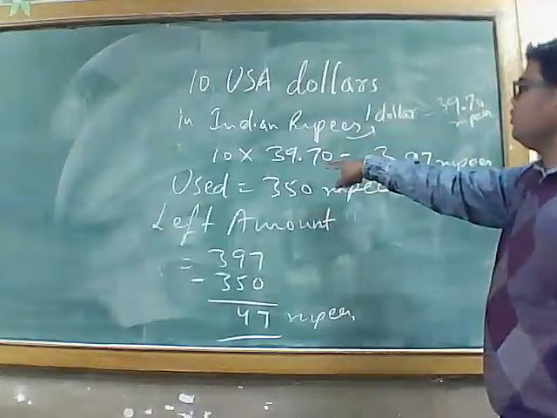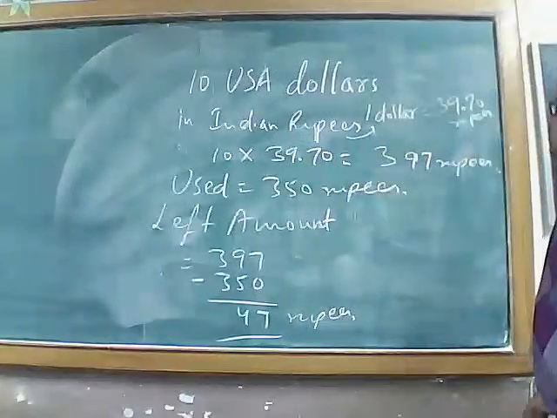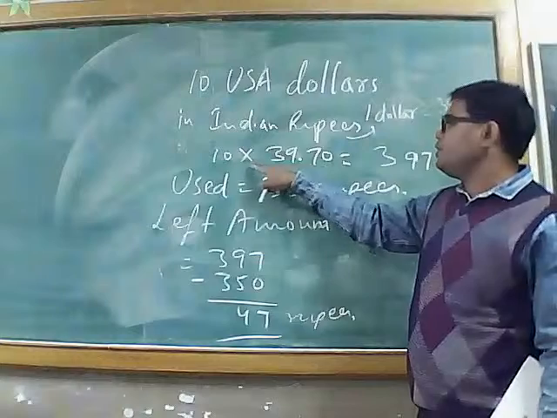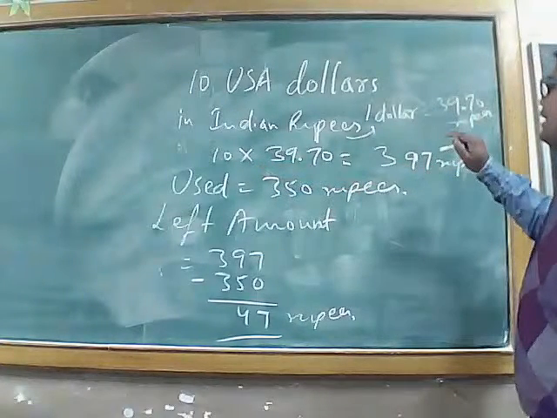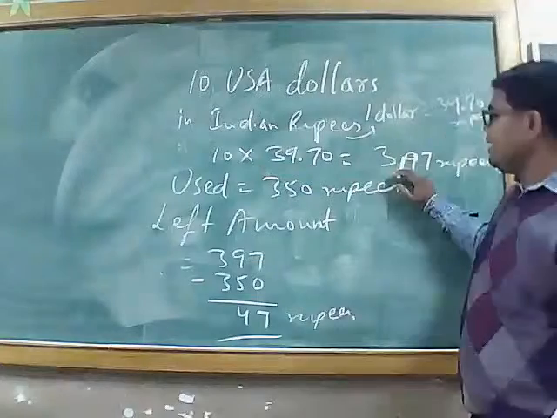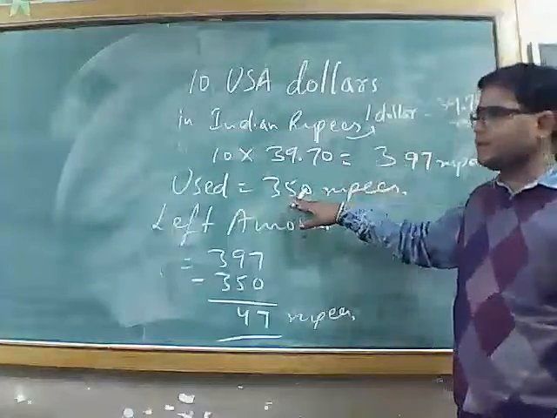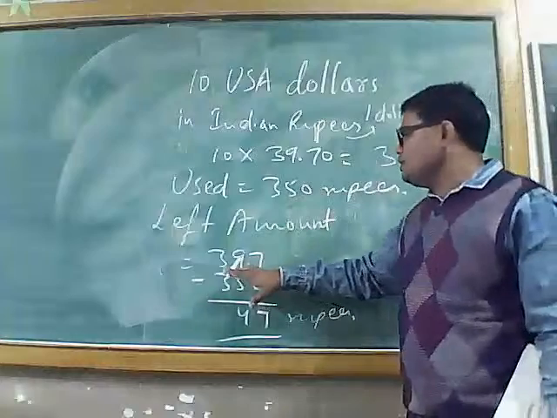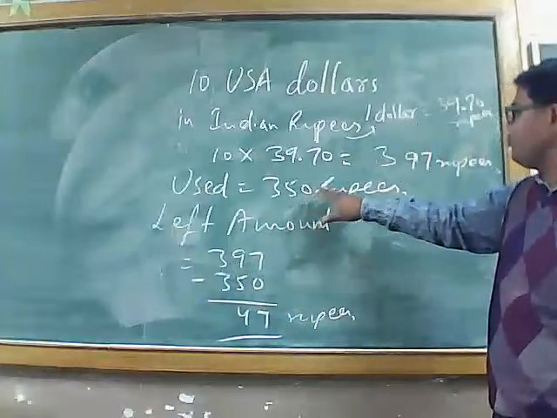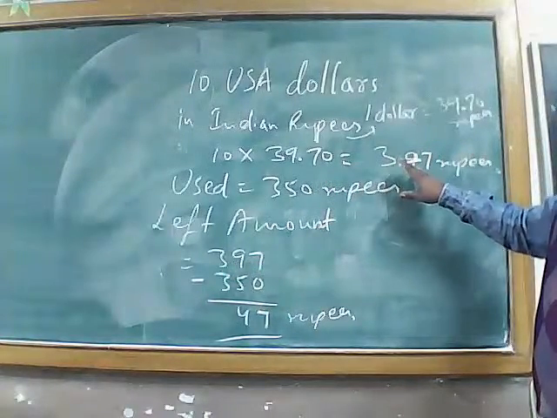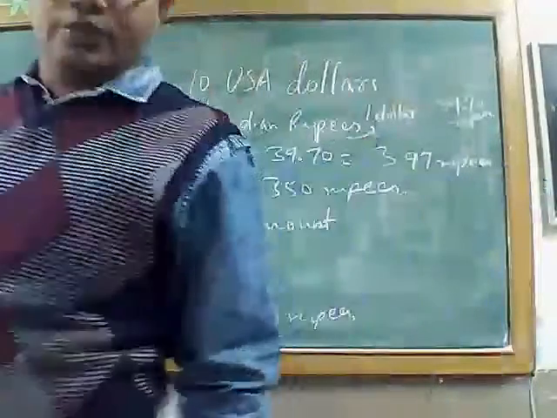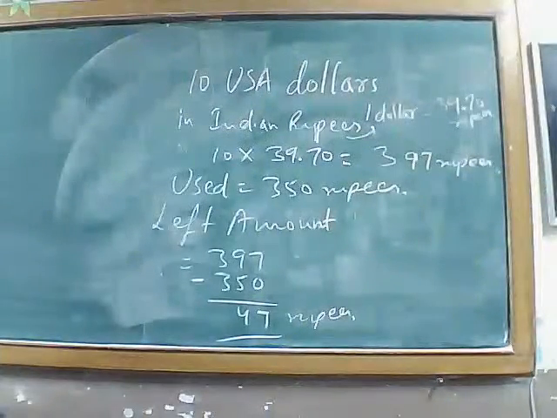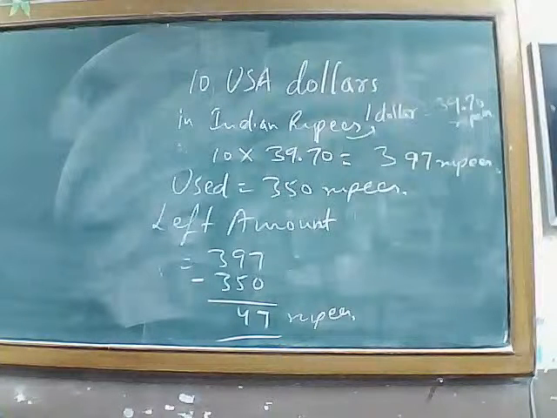Then we multiplied 39.70 by 10 and finally got the answer 397. He has used 350 rupees, so we subtract 350 from the total amount of 397, and the left out amount will be 47 rupees. I hope this is very clear to you all. Any problem to anybody in this?